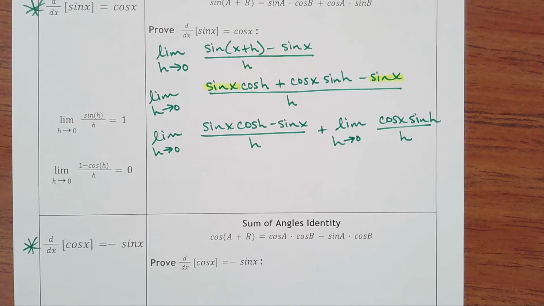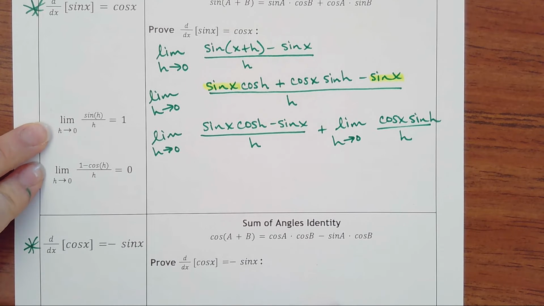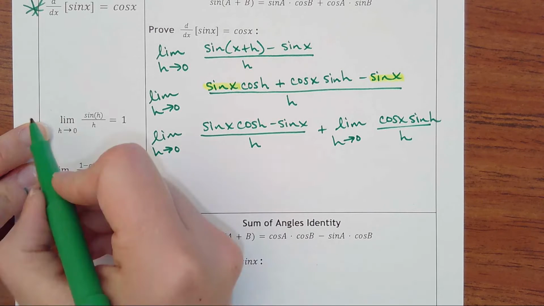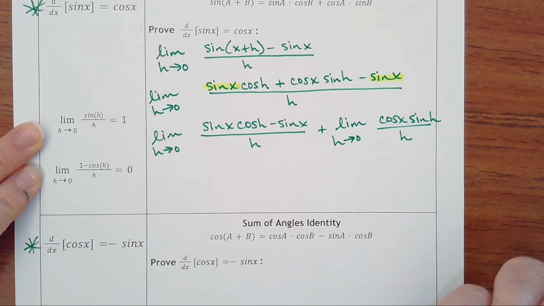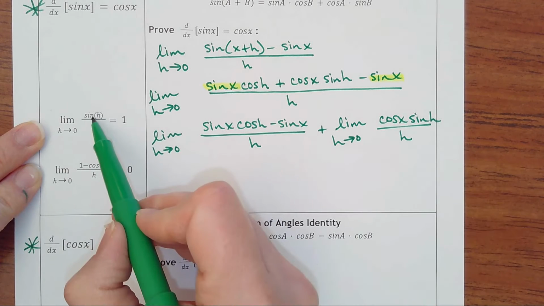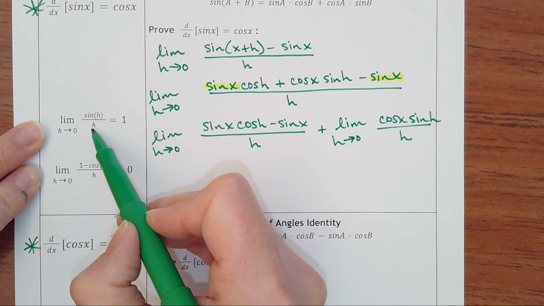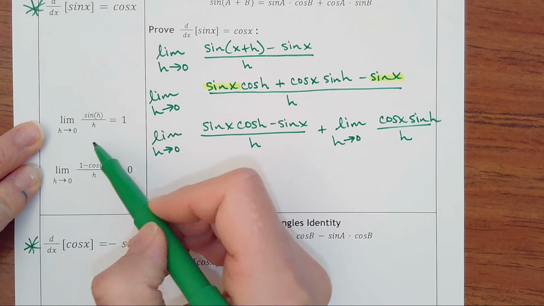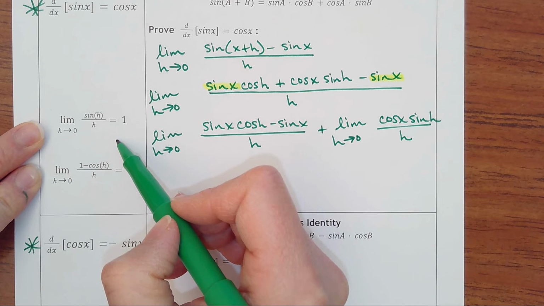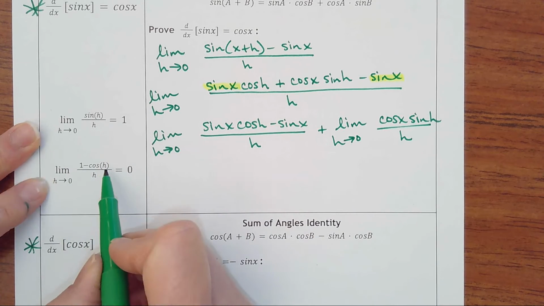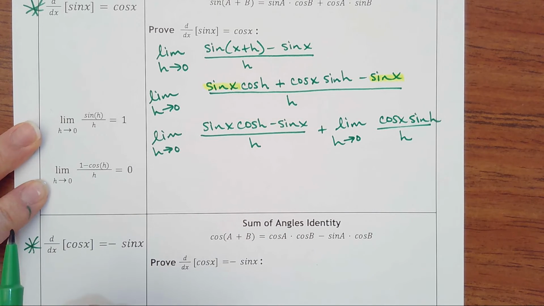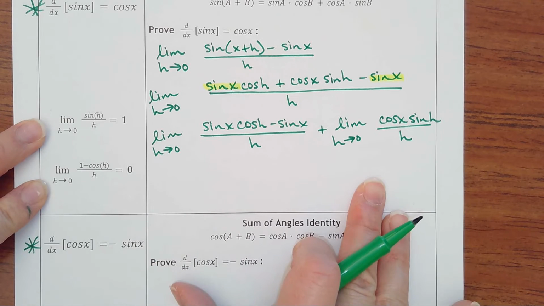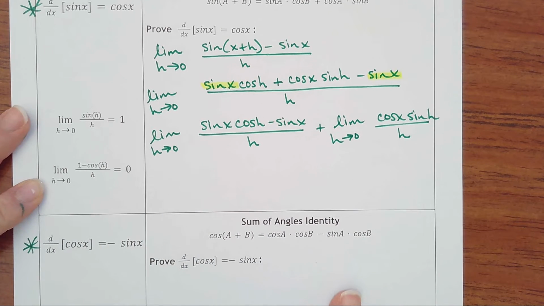Well, hopefully you'll remember that we learned two basic limits, and it was normally as x goes to 0, but I went ahead and changed them into h's so that you could see this. So if I had the sine of something over that something as a limit goes to 0, that was equal to 1. If I have 1 minus cosine of that something over something, the limit as h goes to 0 would be 0. I'm trying to play around with these pieces and get them to be these identities.